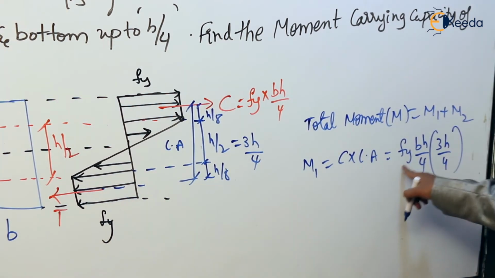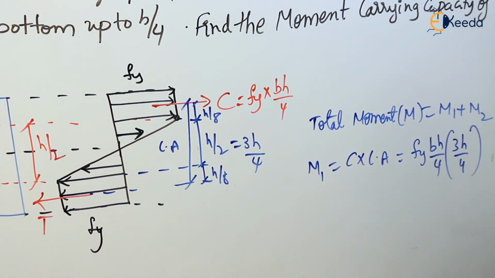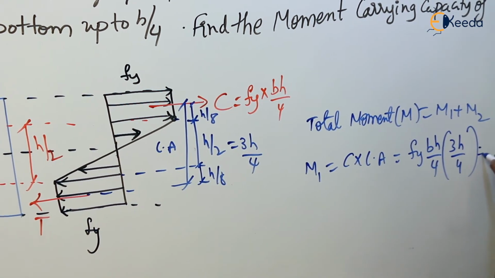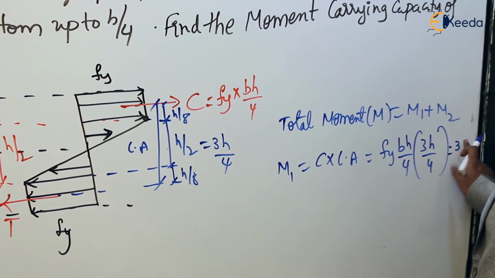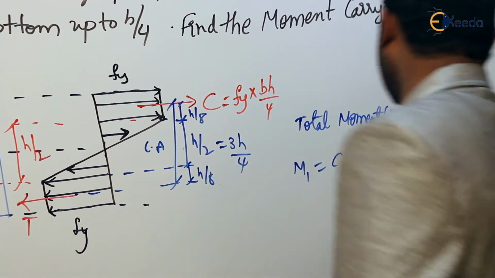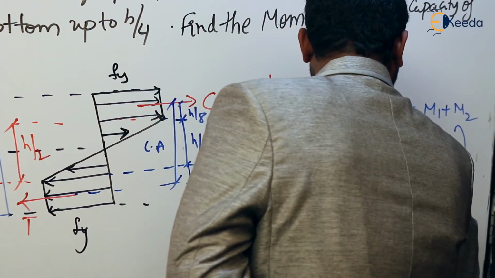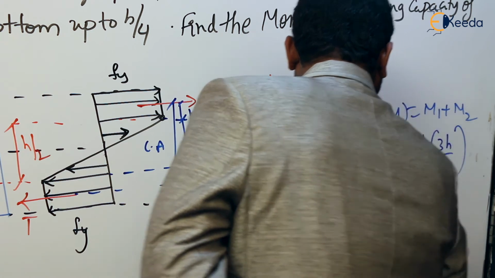Total, M1 is equal to 3 Fy BH square by 16. That is M1. Now what is M2?